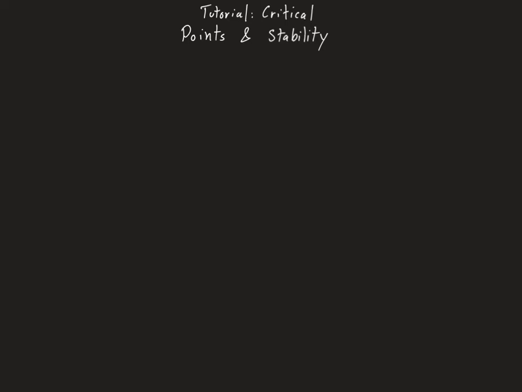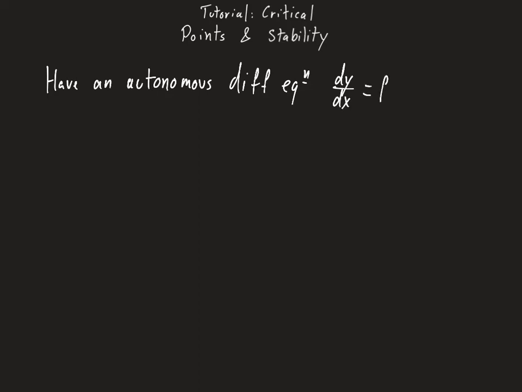Okay, so to recap, we have an autonomous differential equation, dy/dx, or dy/dt perhaps, equal to f(y). The critical points occur where f(y) is equal to 0.